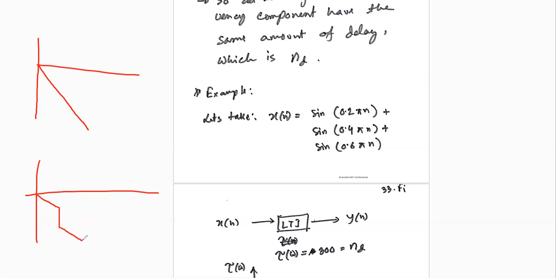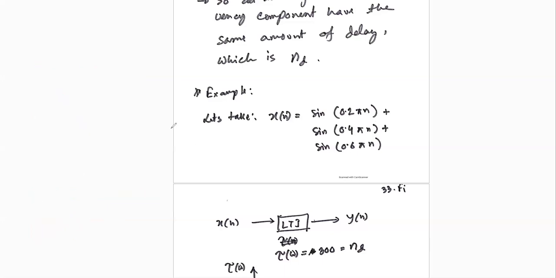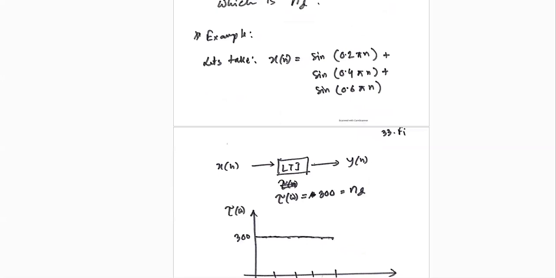This can be like this, this can be like this, or something like this. This can be like this way as well. So the non-linearity is actually done by the IIR filter design. Okay, let's have an example.